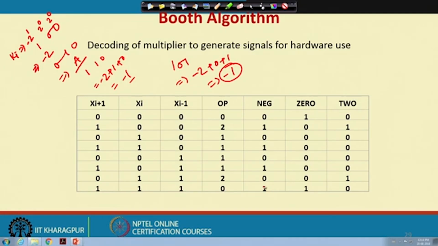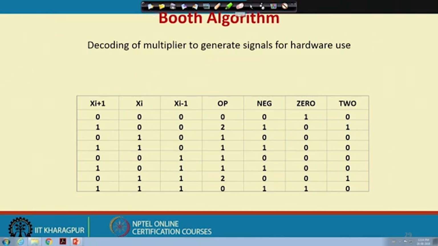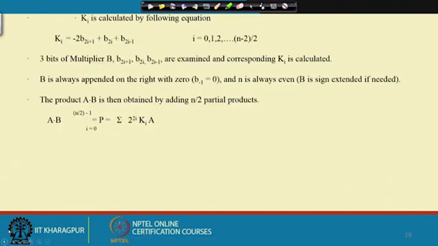Based on this, the weight which I need to consider can be computed using this particular equation. So whenever we follow Booth's multiplier, this decoding table can be formed if you remember this equation.